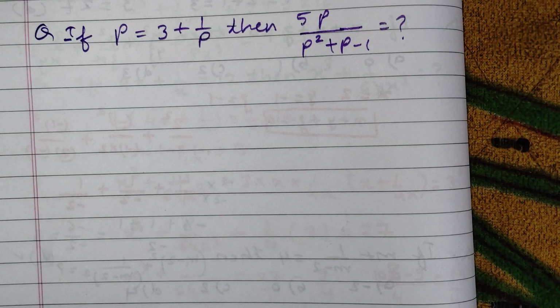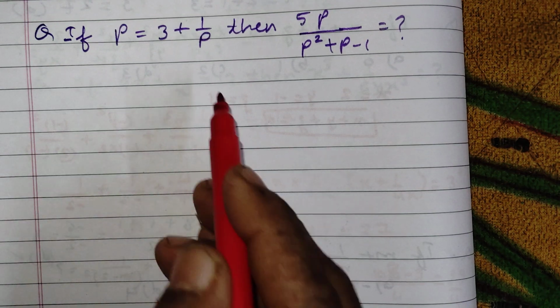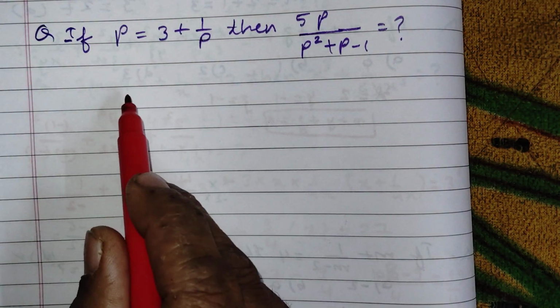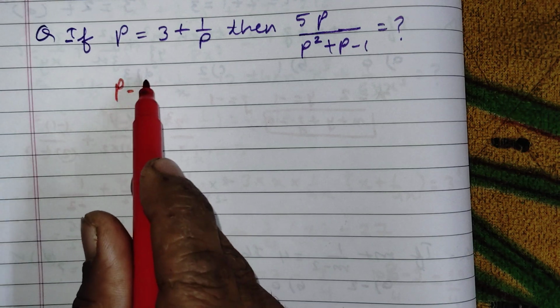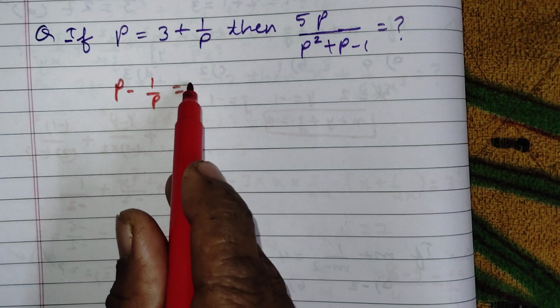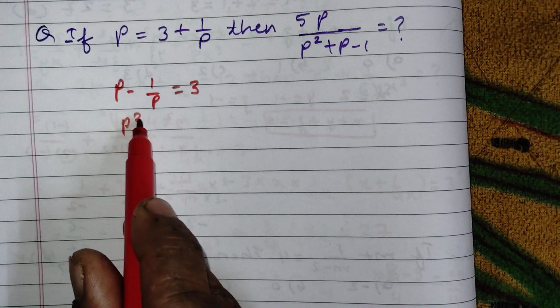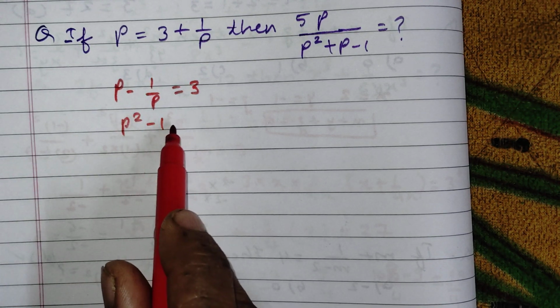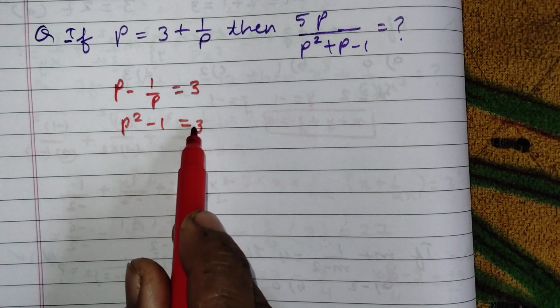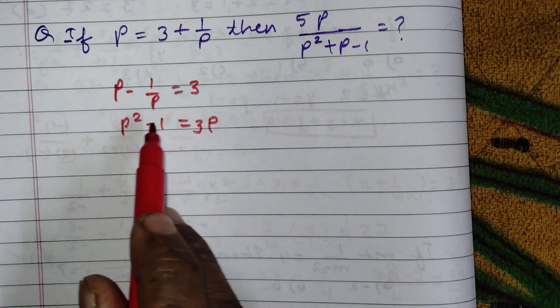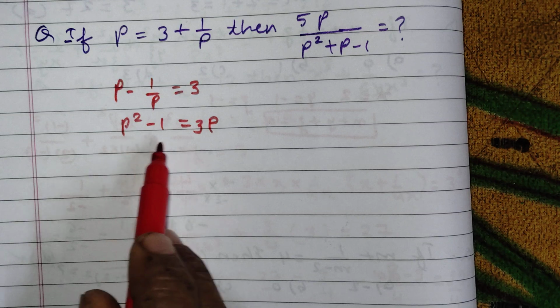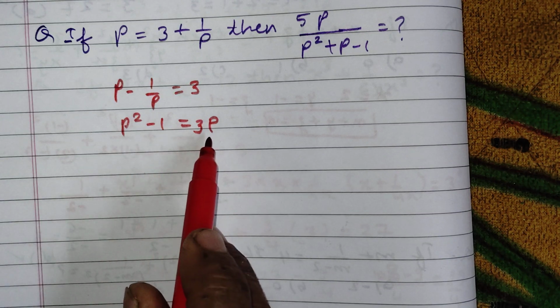In this question, what do we do? This 1 upon p we transpose to the other side, so it becomes p minus 1 upon p equal to 3. Taking LCM, it gives us p square minus 1 equal to 3p. It means we multiply p to the whole term. So p square minus 1 equal to 3p.